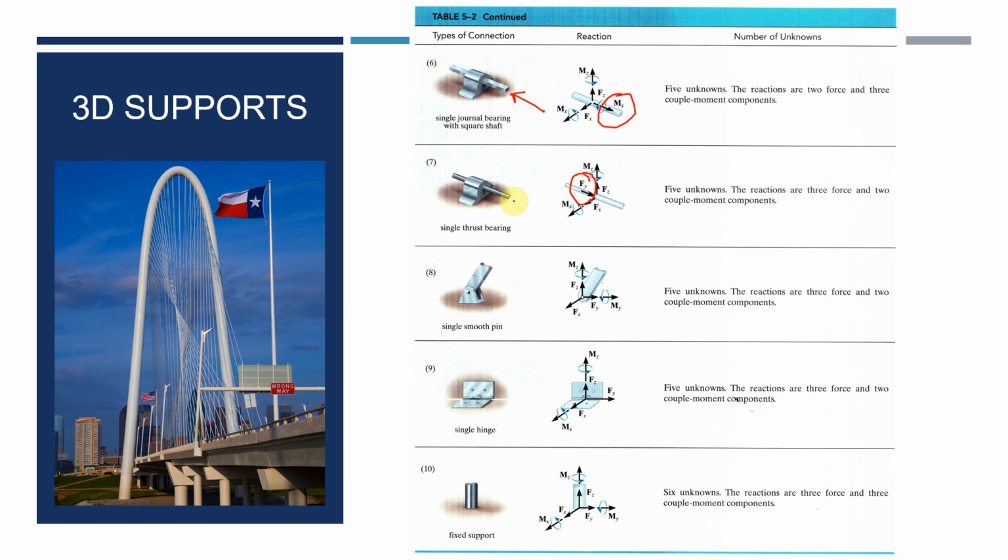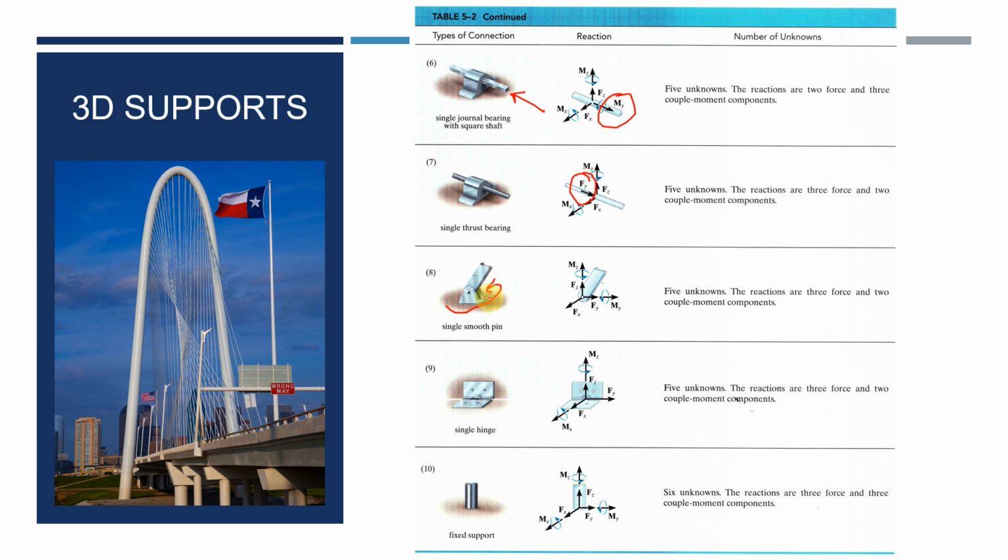It's a thrust bearing. A pin, similar to a two-dimensional pin, you can have reaction forces in all three directions. Moments, if you try to put a Z moment, spin it around, like so, twist it, grab it in your hand and try cranking it counterclockwise, or if you try to pull it towards you, you'll have a reaction moment.